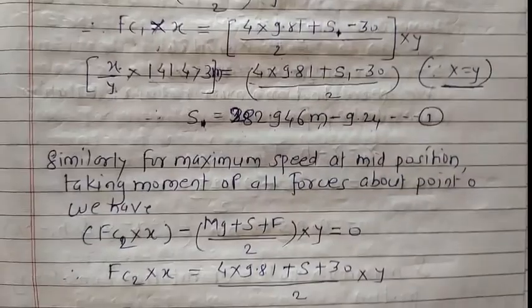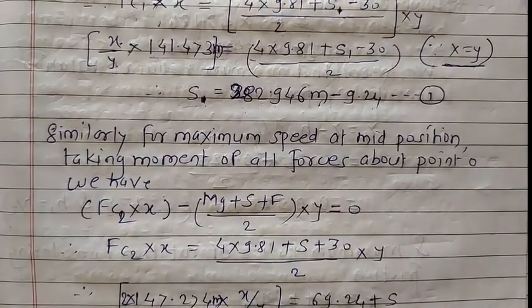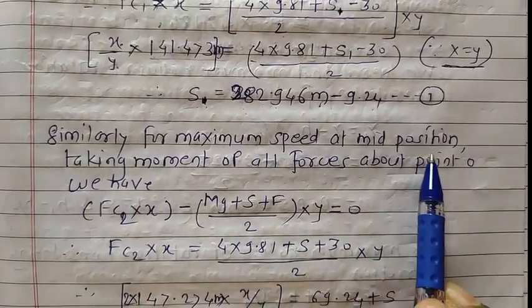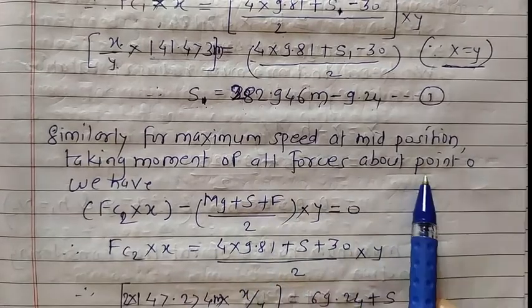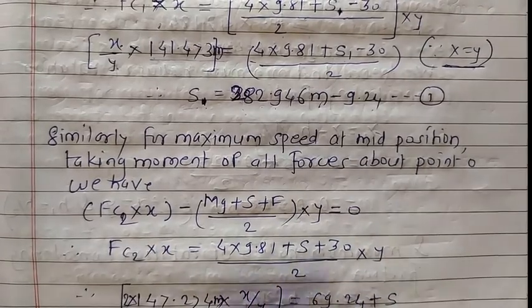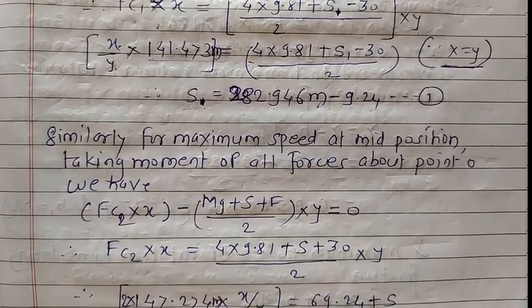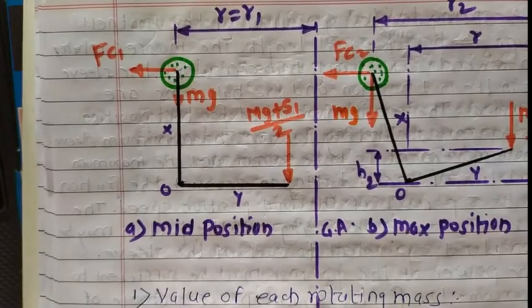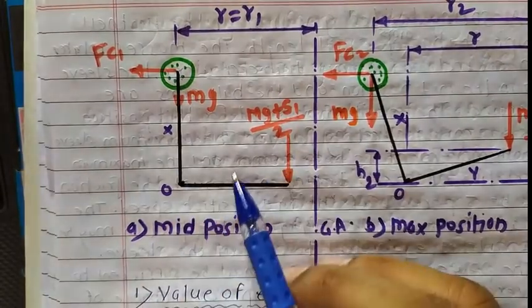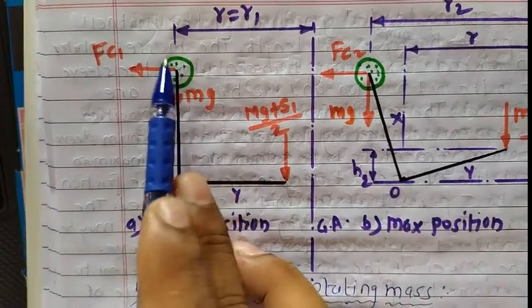Similarly, corresponding to the maximum speed at the mid position, taking moment of all the forces about the same point. You have to consider the same diagram corresponding to this mid position by considering the maximum speed.